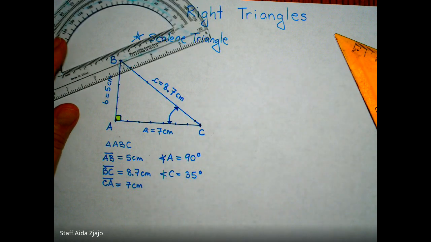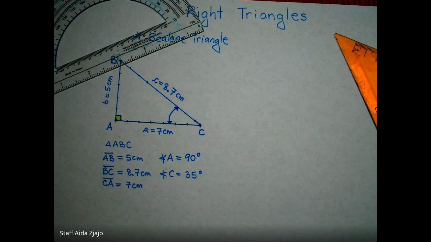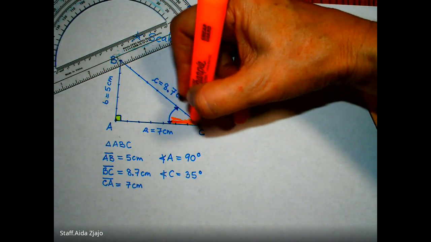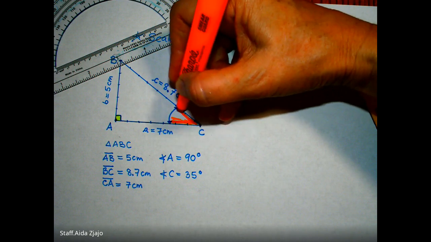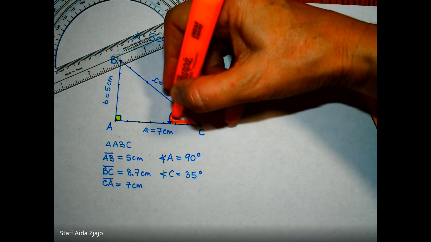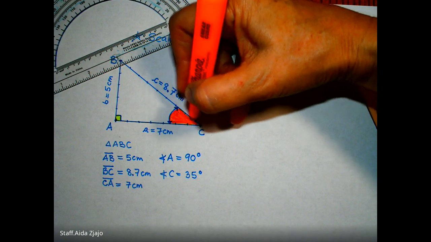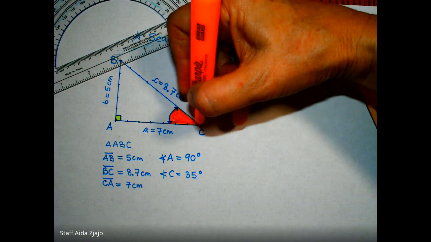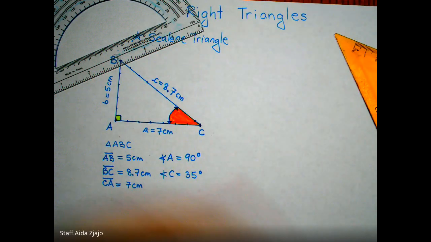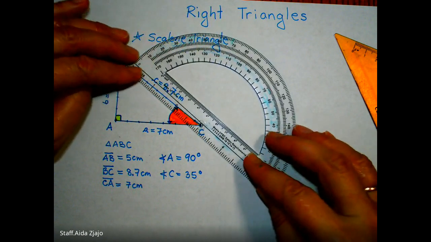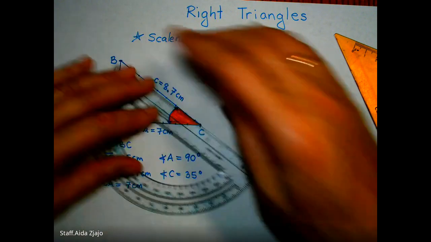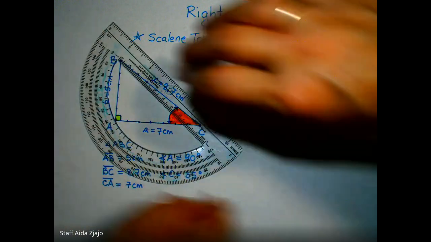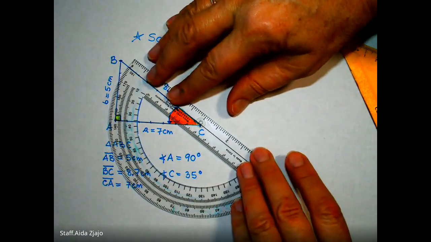The reason why we put arrows is because we can measure the angle either way, from the BC to the AC segment, or from the AC to the BC segment, because I can do this. I can put my zero line on my C, but the other side.